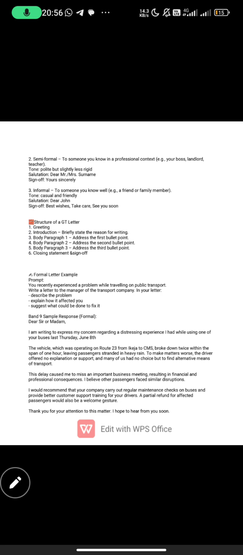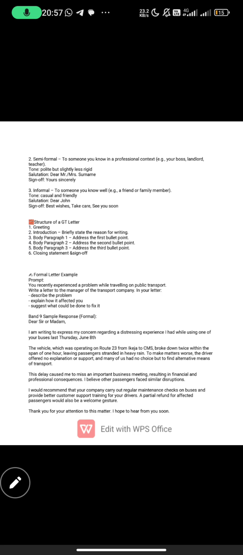Your tone is casual. So let's look at the structure. Number one, after your greeting, which is your salutation, comes your introduction, where you briefly state the reason for writing. Then your body paragraph 1 addresses the first bullet point, and your body paragraph 2 addresses the second.